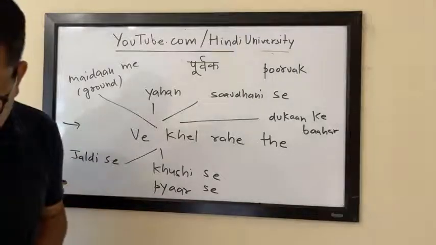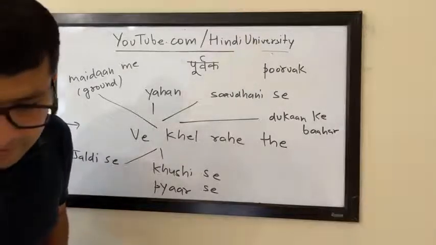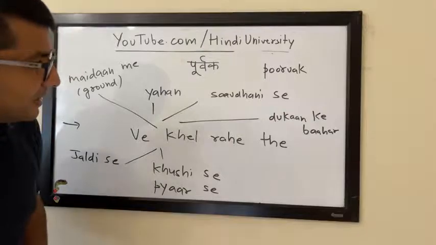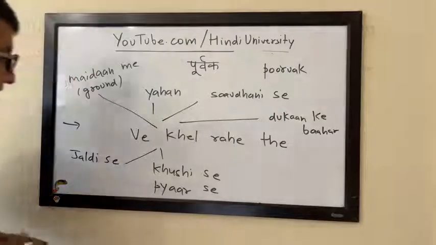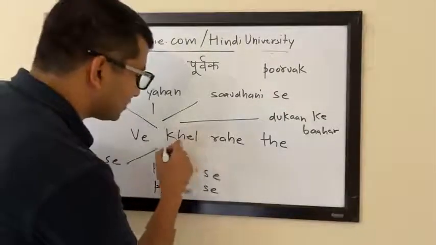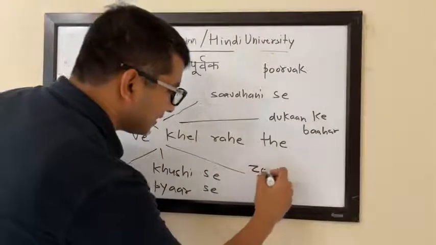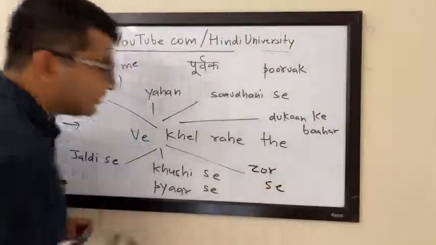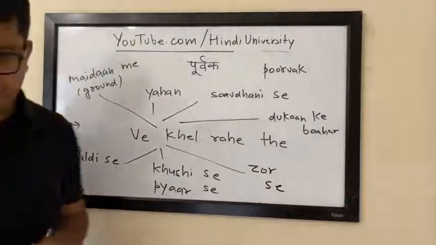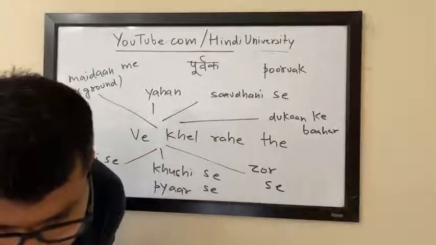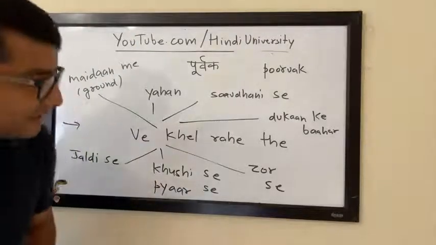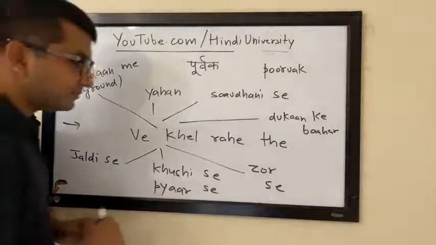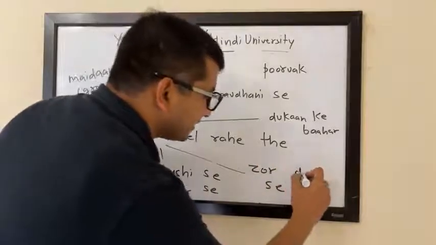Anyone else? Ashu Ji. बच्चे जोर से खेल रहे थे. Okay, you can say that. वे जोर से खेल रहे थे. Anyone else? आनंद: वे ध्यान से खेल रहे थे. Yes, you can say that. ध्यान से.